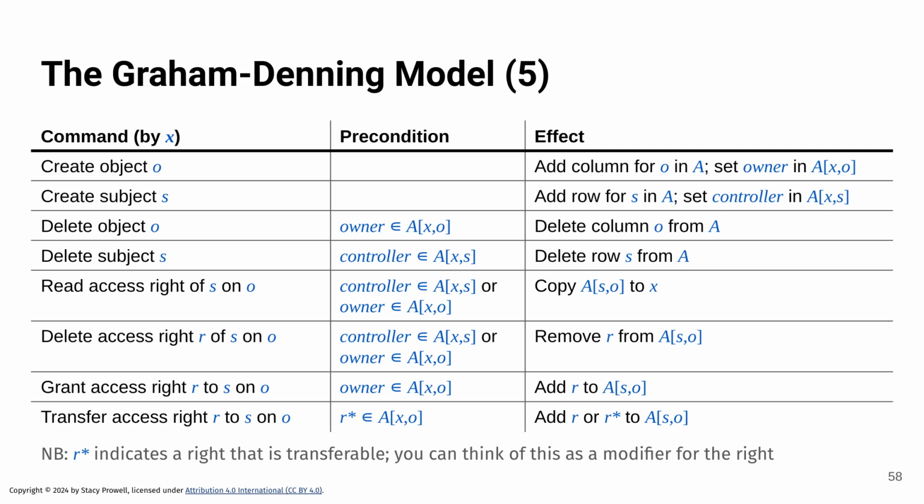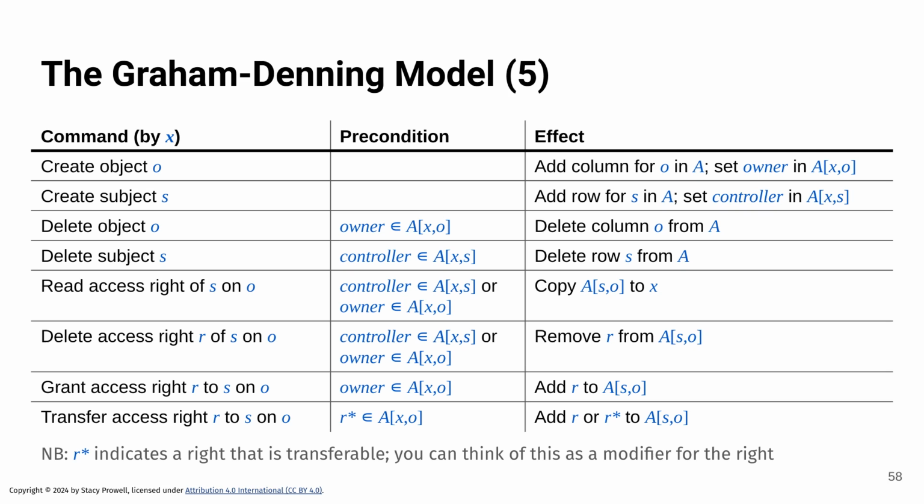So if I want to delete the access right R of subject S on object O, I have to be sure that I'm the controller for subject S, or that I am the owner of object O. Either one of those will let me remove the right R from that entry in the control matrix.